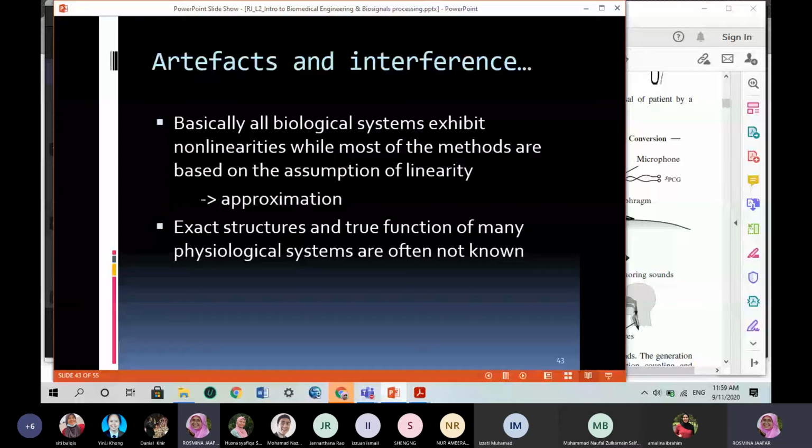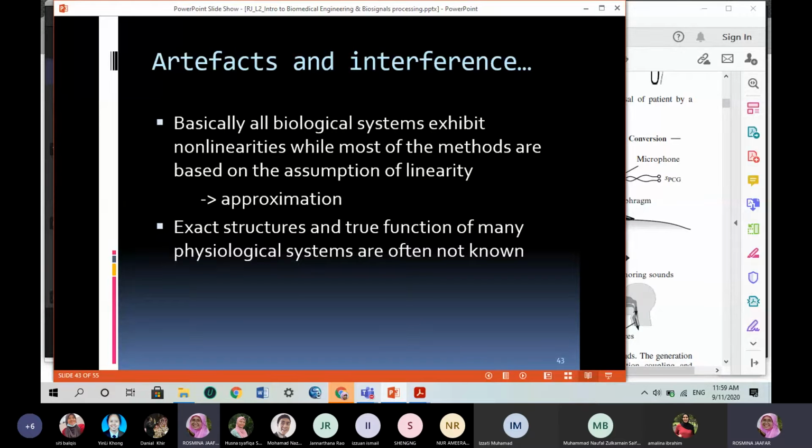But scientists have always assumed a linear system. From the linear system, they improve little by little, because if the system is totally non-linear, it is difficult to start the analysis. So somehow you need to start the analysis, then you improve from that first analysis and so on.